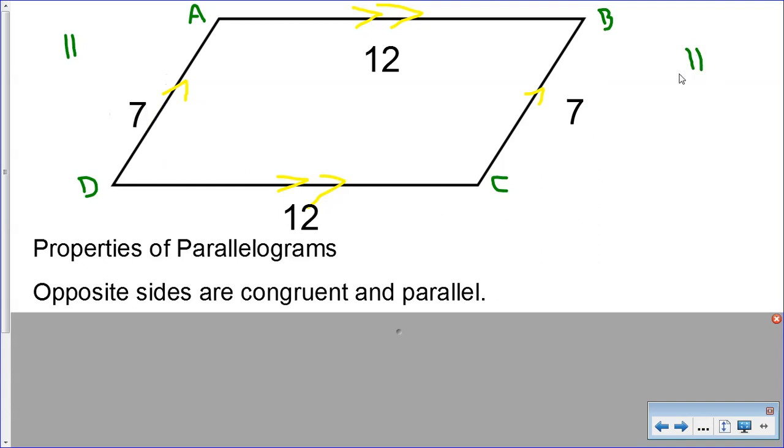Now, one of the symbols we see here looks like either quotation marks or 11s. These are actually two parallel lines. They're supposed to be perfectly parallel up and down, but drawing on the computer is a little hard. So we name our segments.